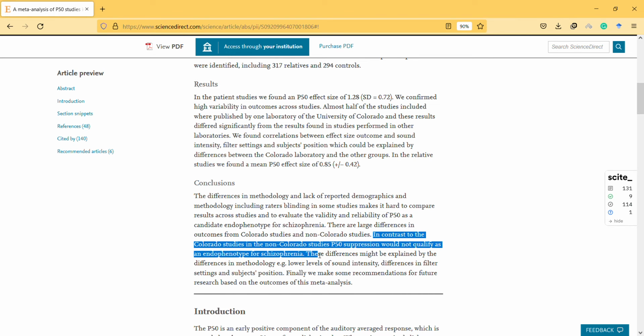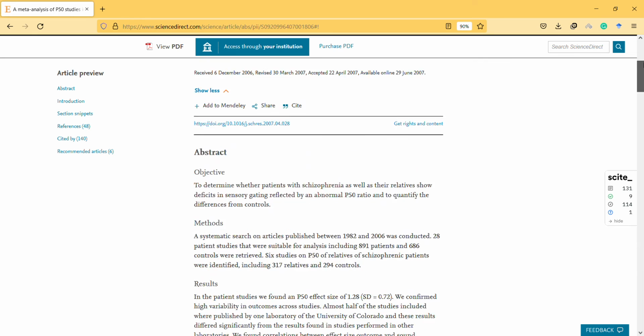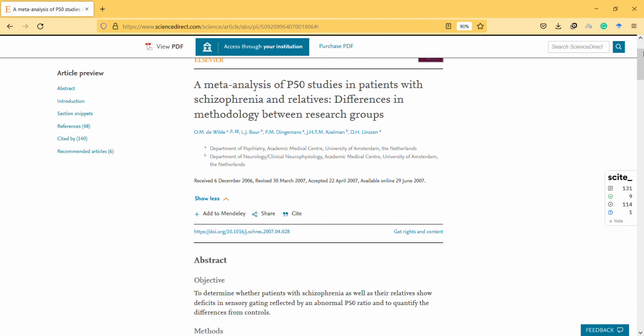So this is so interesting. In contrast to the Colorado studies, in the non-Colorado studies P50 suppression wouldn't qualify as an endophenotype for schizophrenia, so it doesn't have any meaning, and only Colorado studies approved it. So these guys are quite against that Colorado professor.